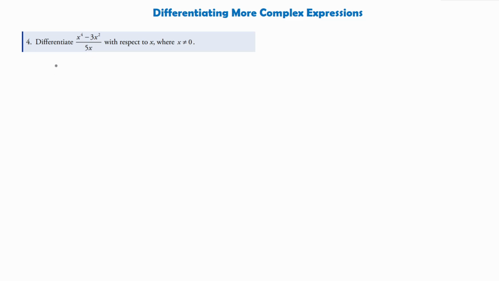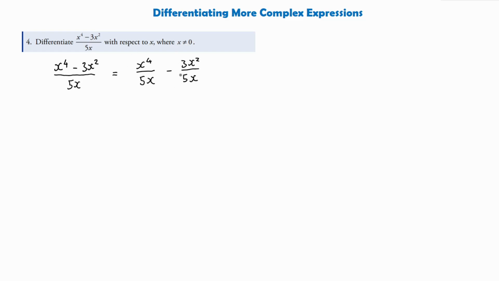So x to the power of 4 minus 3x squared all over 5x is going to equal x to the 4 over 5x, minus 3x squared over 5x.